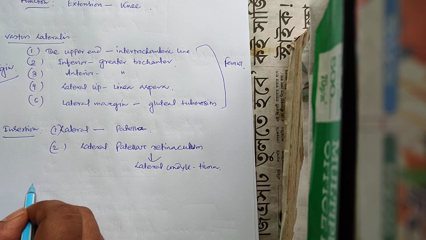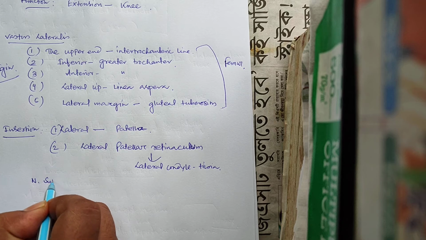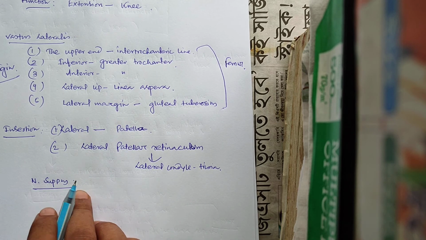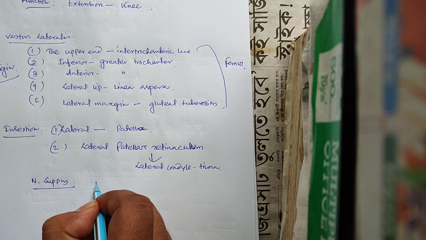The nerve supply: it is supplied by the posterior division of the femoral nerve.